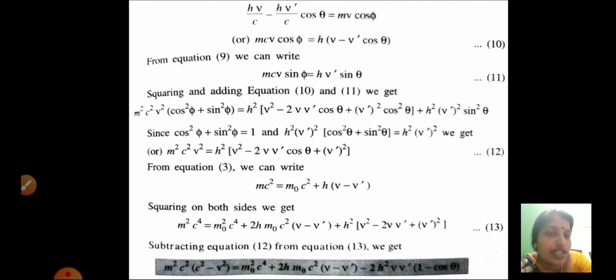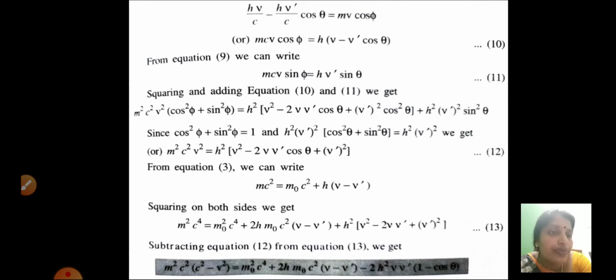m naught squared c to the 4 on the right side, plus 2h m naught c squared into nu minus nu dash. Then in the 12th equation h squared nu squared cancels, and h squared nu dash squared cancels, plus and minus cancel. The remaining term is h squared with minus 2 nu nu dash, and we take minus 2 h squared nu dash commonly.